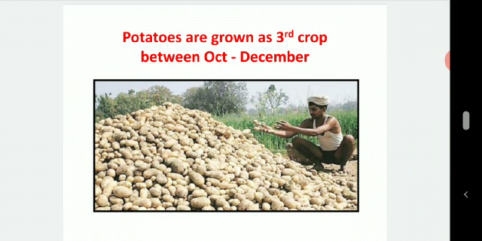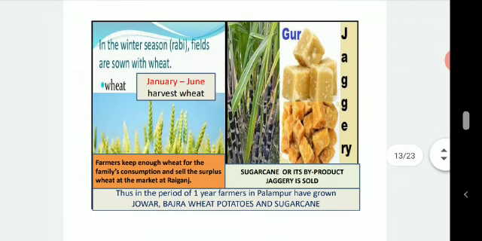So, I repeat, in the months of July, August, September, jowar and bajra; in October to December, potatoes are grown. Now let us see in the next slide what is grown in the coming months. Between January and June, wheat is grown and harvested.